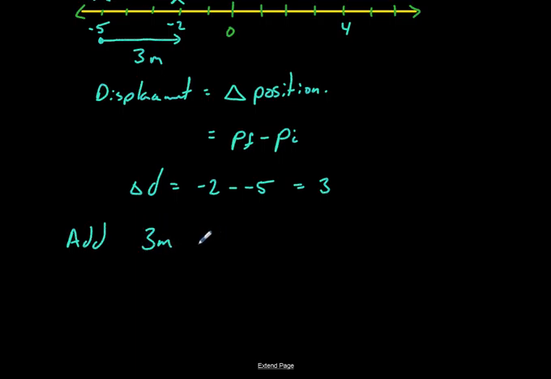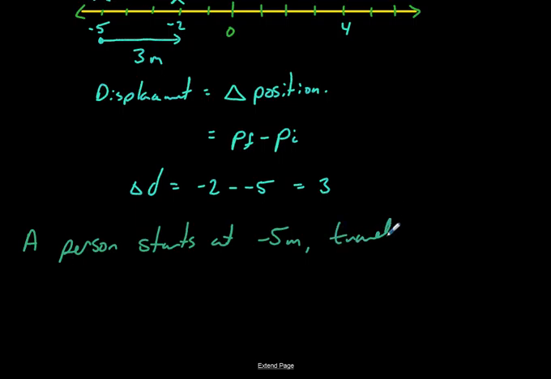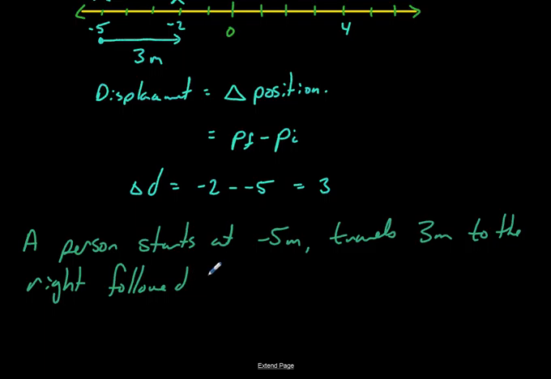But what I could say to you is, sorry, that's not a good way to say it. This is how you would probably see it in just words. A person starts at -5 meters, travels 3 meters to the right, followed by 6 meters to the right.